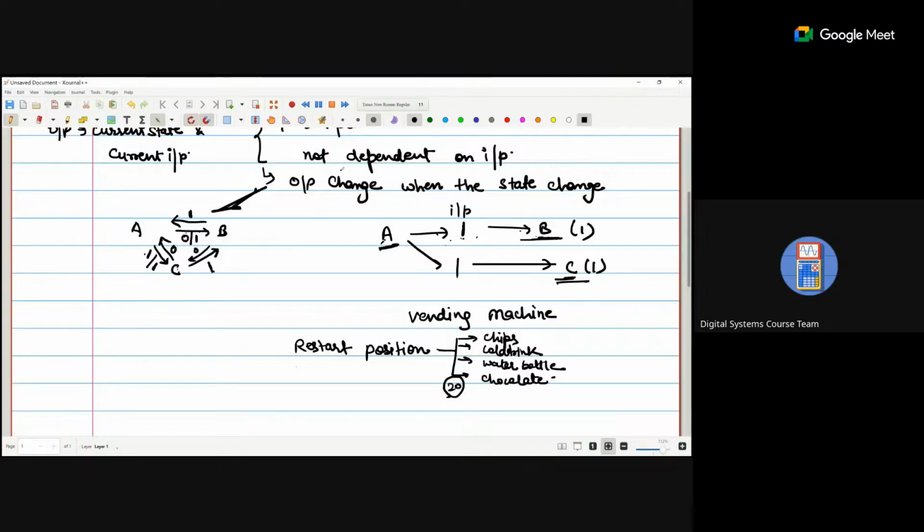So at position A, if I apply 0, we go to the B position, and if I apply 1, we go to the C position. You can see here also: from A to B, if I apply input 0, it goes to B, and from A to C, if we apply 1 as input, we go to C.